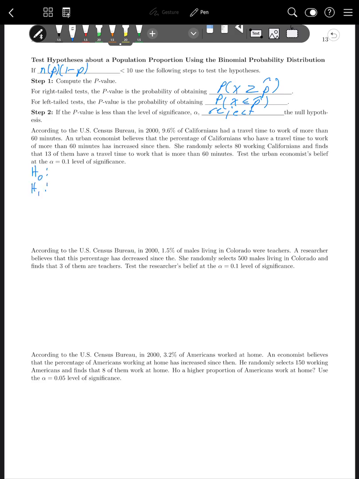Okay, so our null hypothesis here is that p equals 0.096, and our alternative hypothesis is she thinks it's increased, so that's p is greater than 0.096.